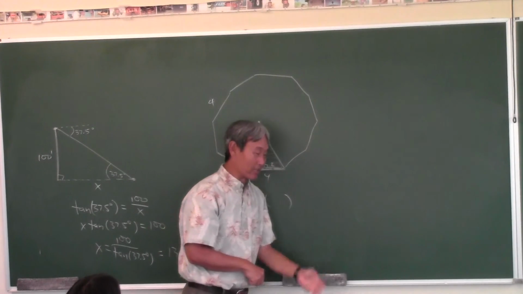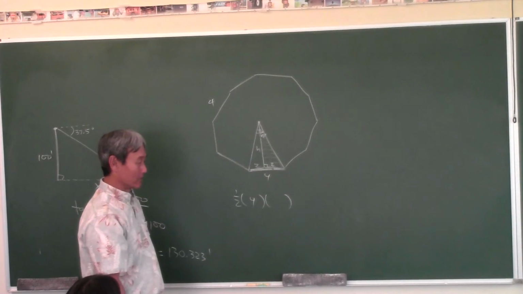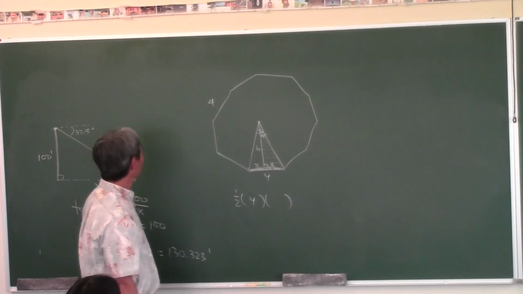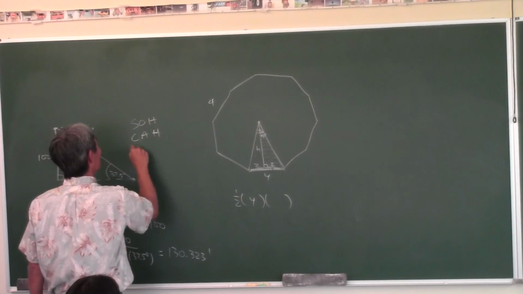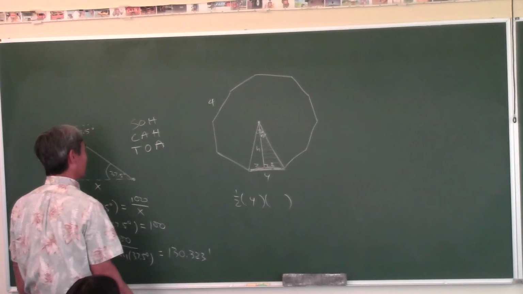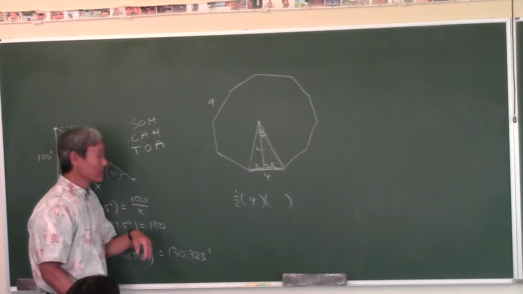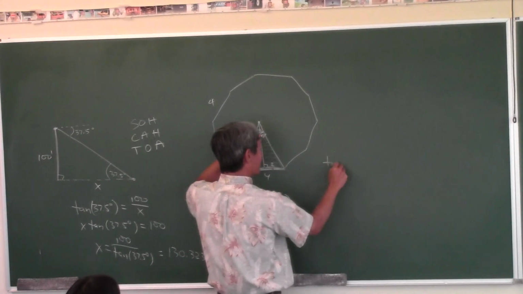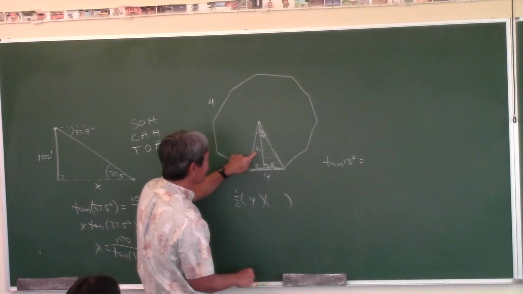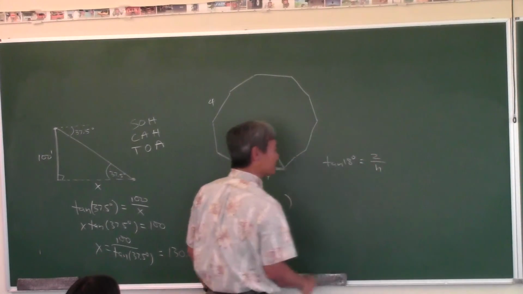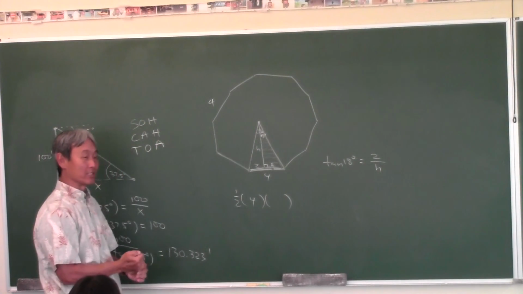Which of the 3 trig things has opposite and adjacent in it? See, that's why I tell you guys to write it out. Thank you, Toa, tangent. So, the tangent of 18 degrees is equal to opposite over adjacent, 2 over h. Can I figure out what h is now?